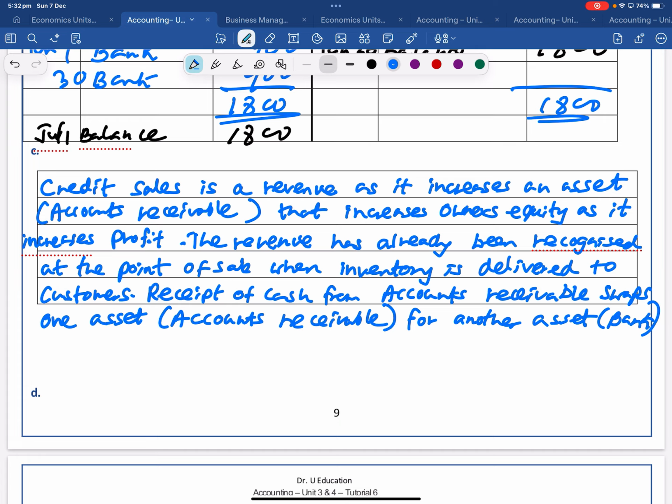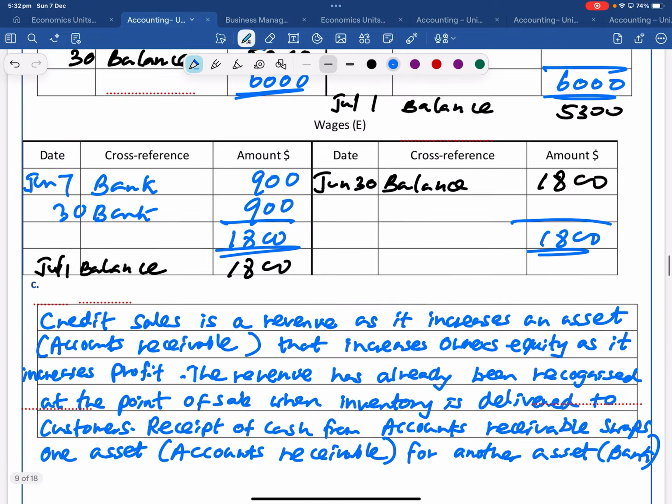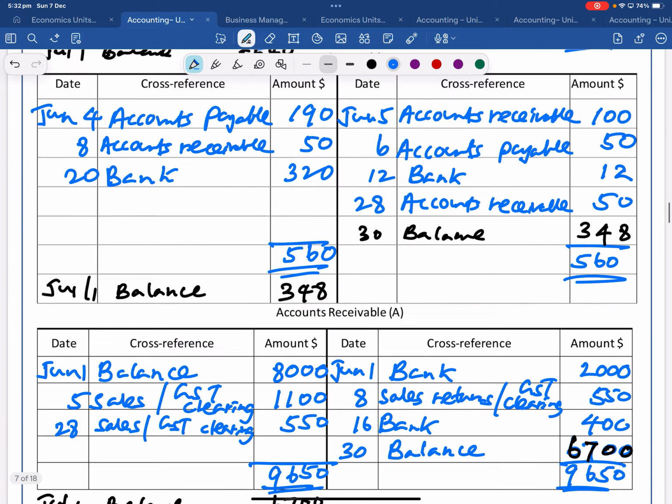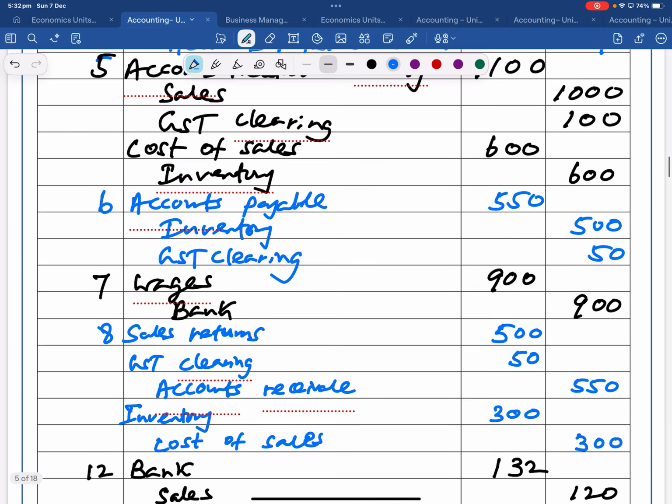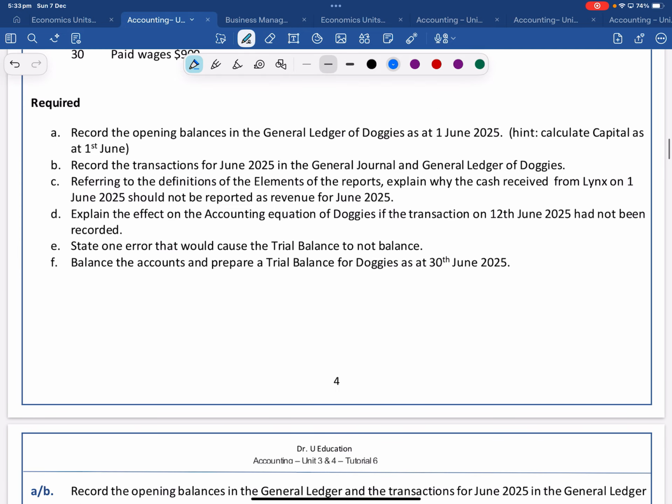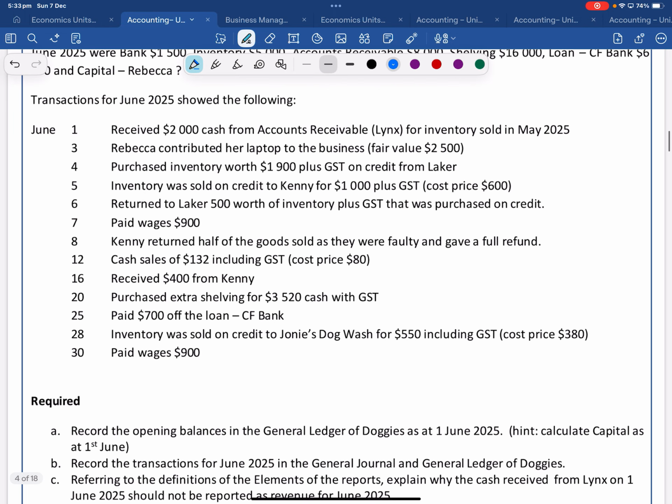Right. Next one is part D. Explain the effect on the account equation if the transaction on the 12th June had not been recorded. The transaction on the 12th was a cash sale of 132, including GST.